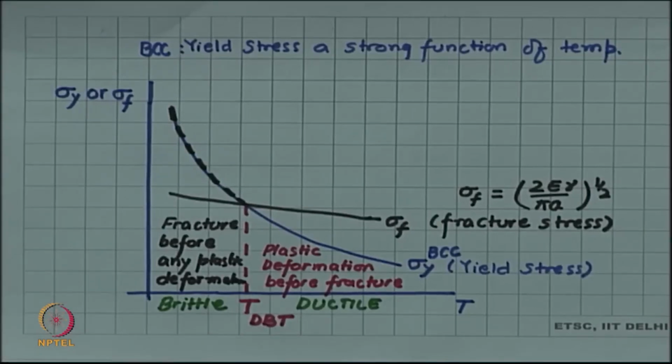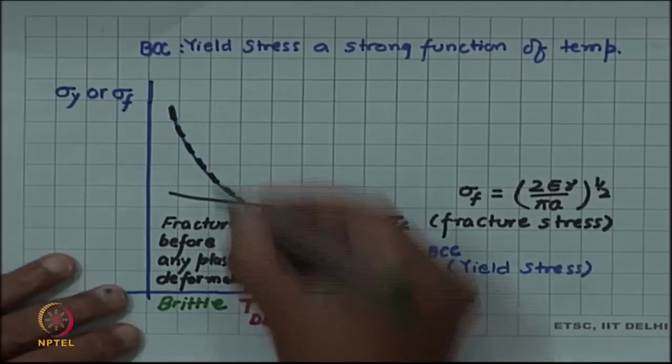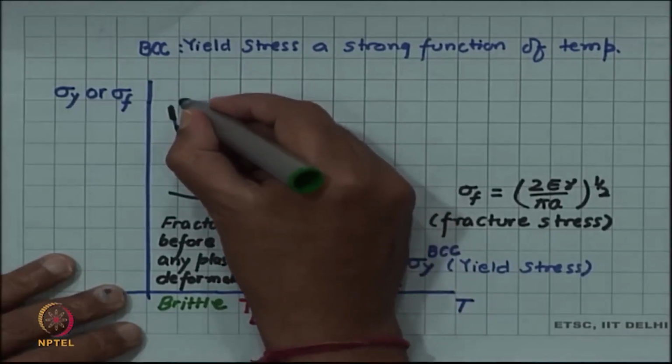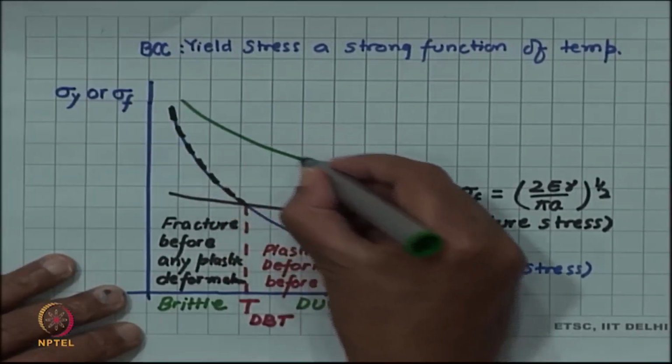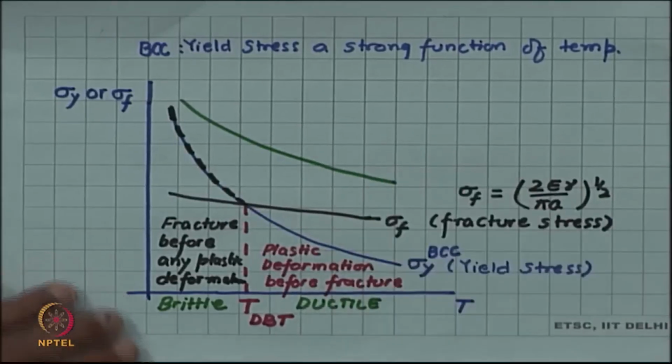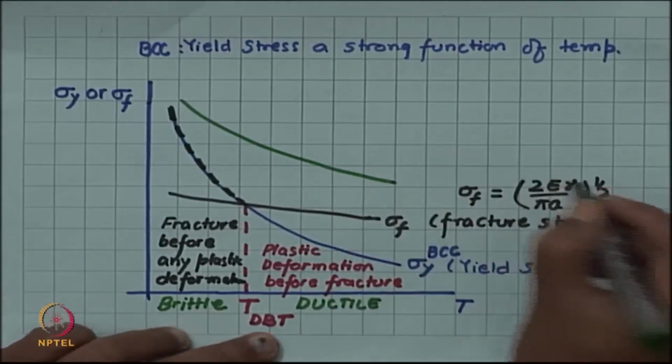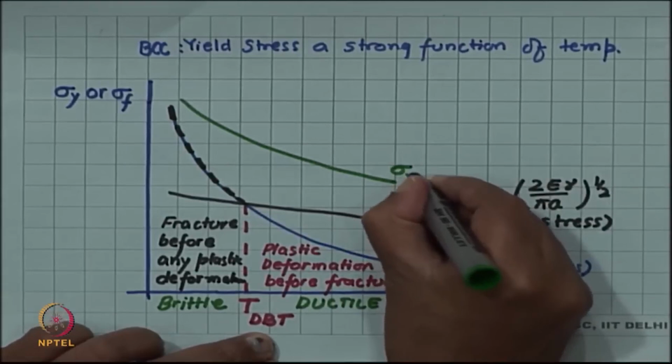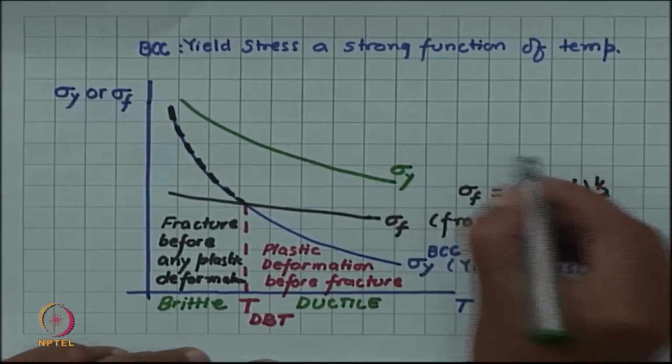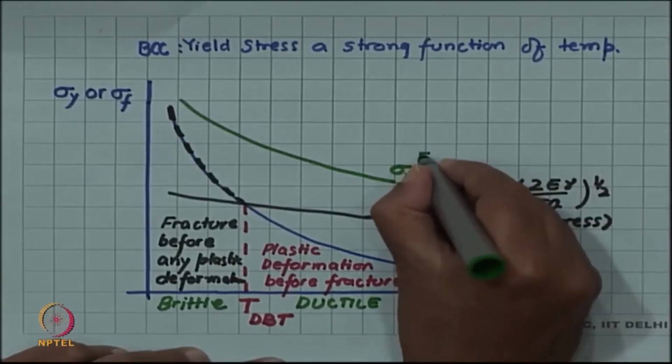In some cases, you may have a material in which the yield stress is not a strong function of temperature. This happens in the case of FCC materials.